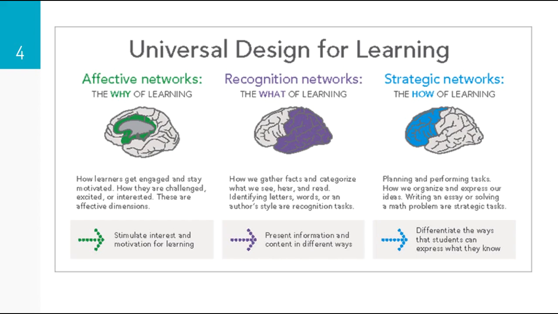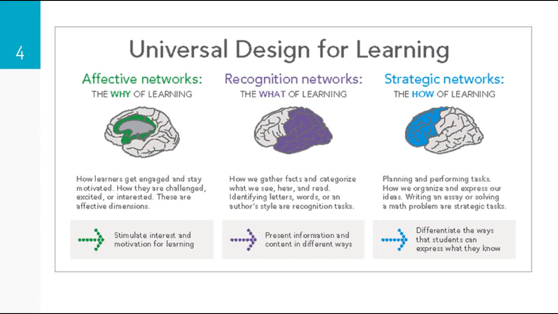The recognition network is the what of learning, and that's related to many parts of your brain related to how you understand the information that's coming to you. So that's like your perception, your visual, language, and how you understand the information around you.